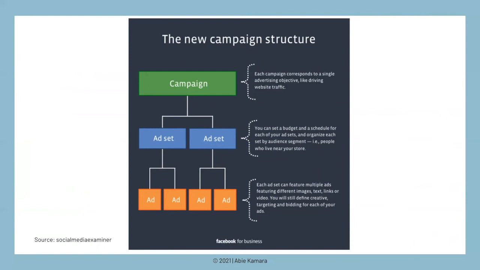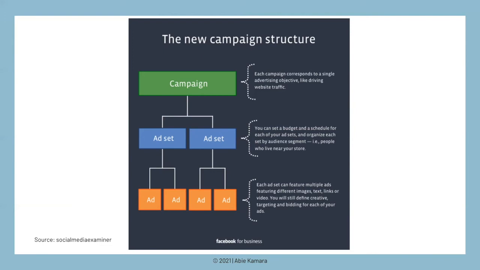So these are the tabs that I showed you in Ads Manager. You have your campaign level, which is the first tab, then your ad set level, which is the second tab, and then the ad level, which is the third tab. You start off by setting up your campaign and choosing your objective, your goal of what you want to accomplish with running these ads.